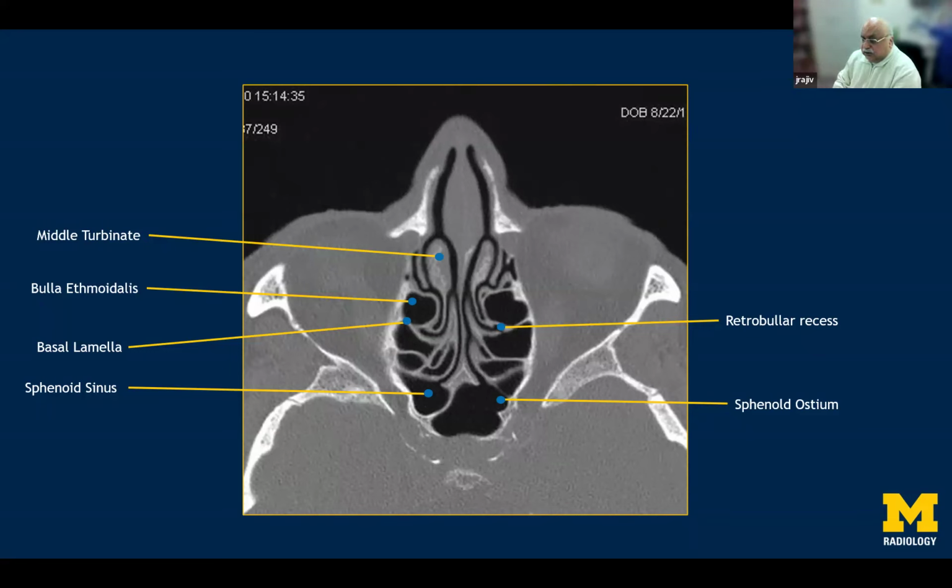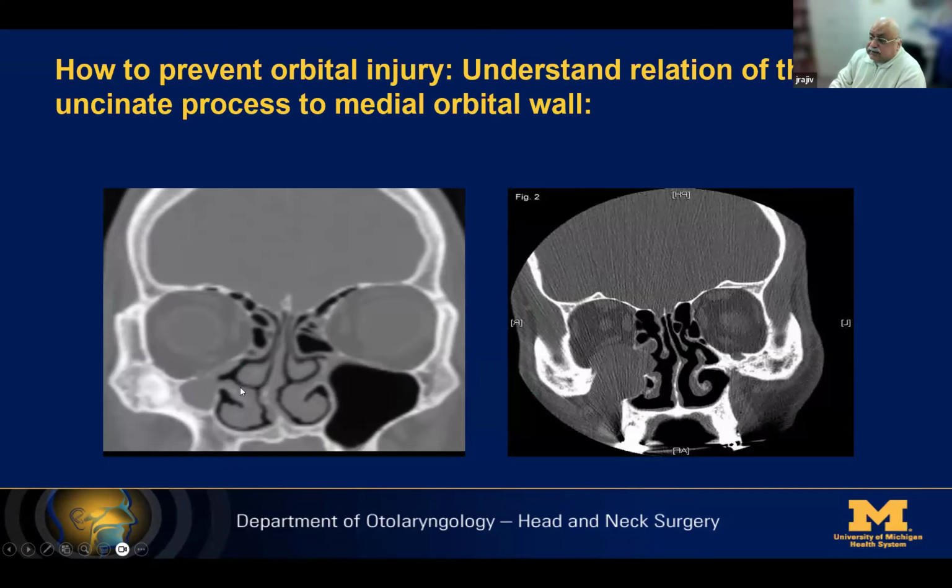The importance of the uncinate process is highlighted in these two cases, where you can see that the uncinate process is closely approximated to the medial wall of the orbit, and that has resulted in damming up of secretions because of the attenuation of the hiatus semilunaris and the drainage of the ethmoid sinus.